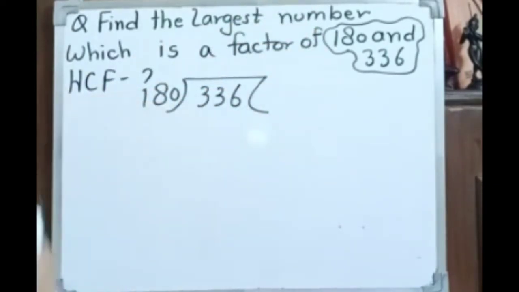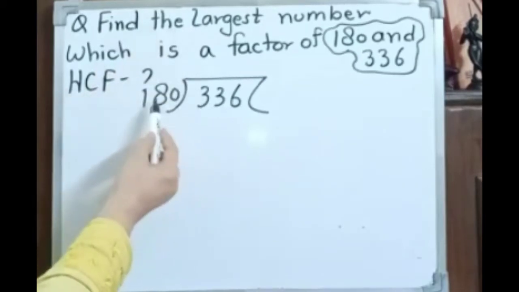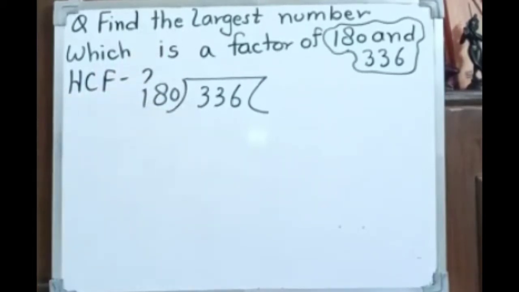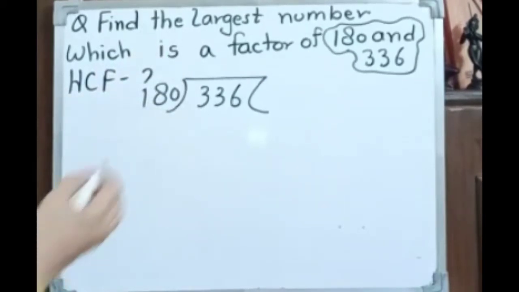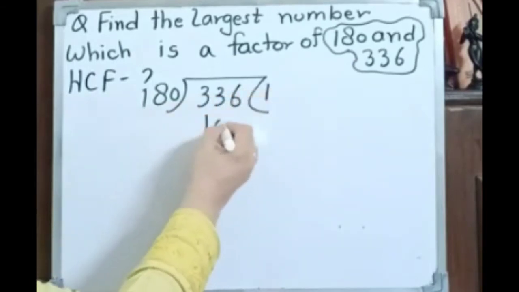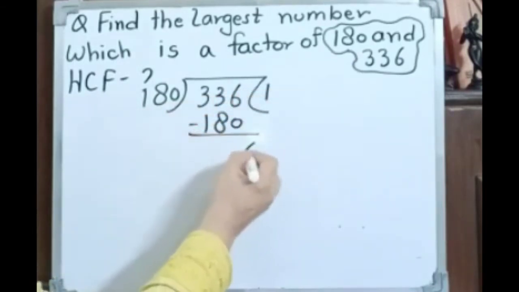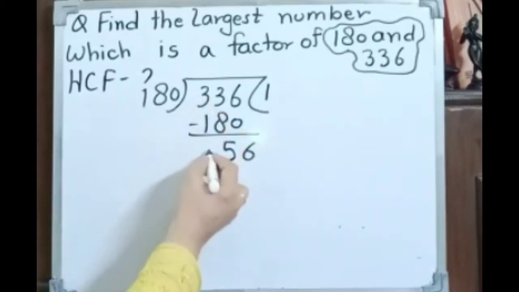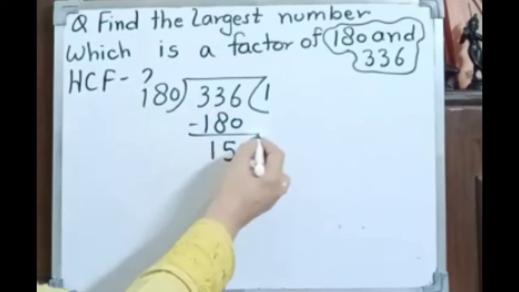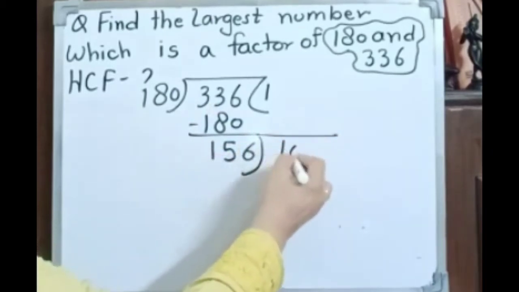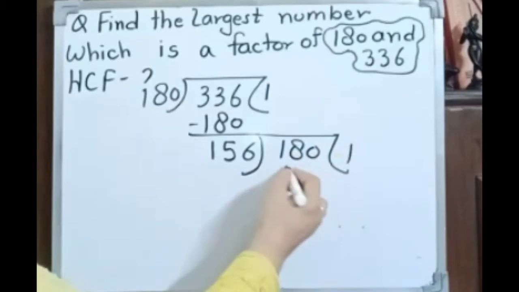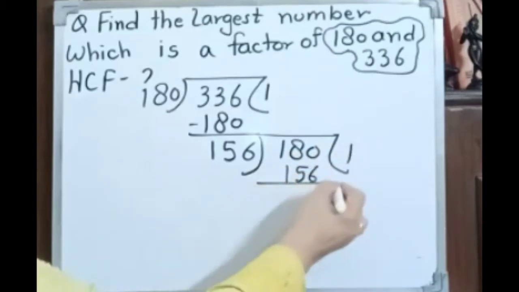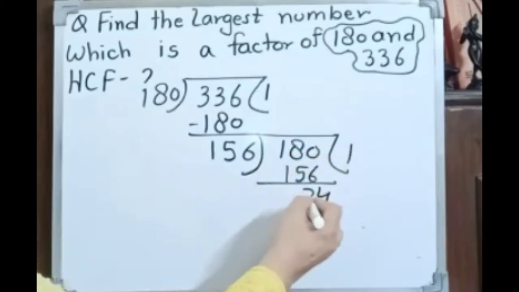So what to do? Take out the HCF of this sum, 336 divided by 180. Subtracting, we have 156.